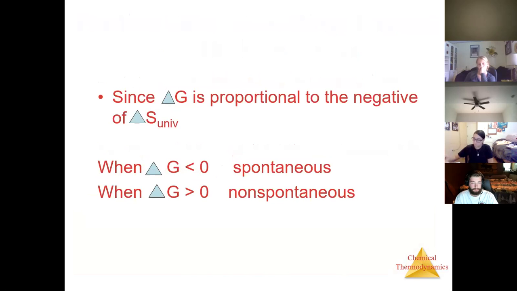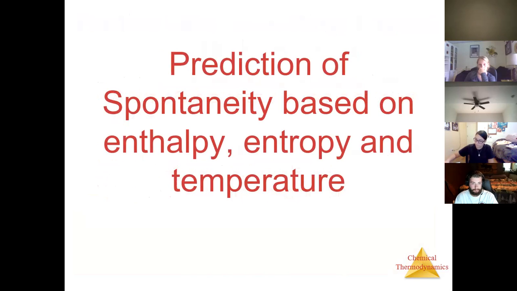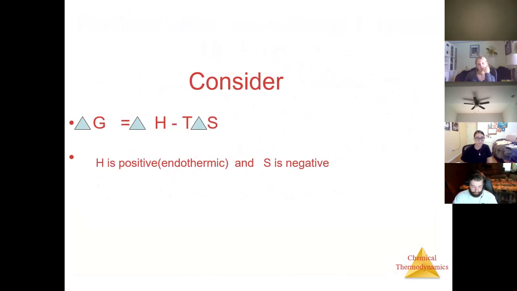When delta G is positive, non-spontaneous. So we're going to be able to predict spontaneity based on enthalpy, entropy, and temperature. This is the last thing I'm going to get into, and then we're going to stop for the day. Remember our formula: delta G is equal to delta H minus T delta S.